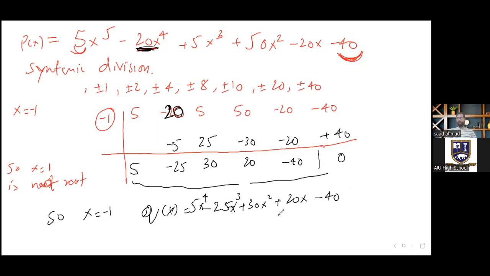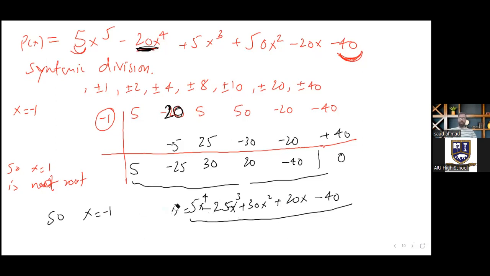So this is the polynomial that we got. We can look at it again and see which of these numbers divides, and then do that again.